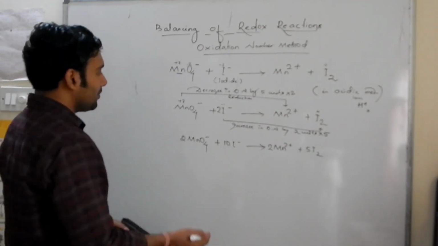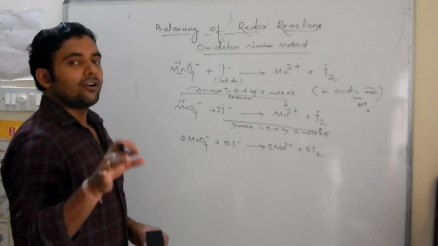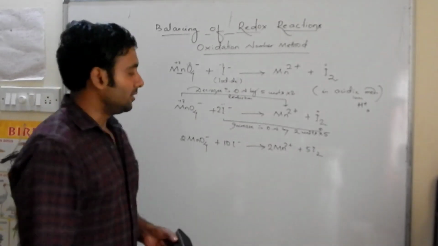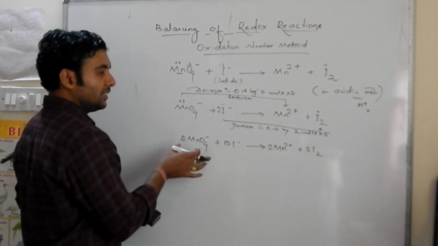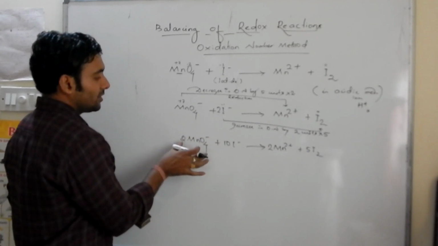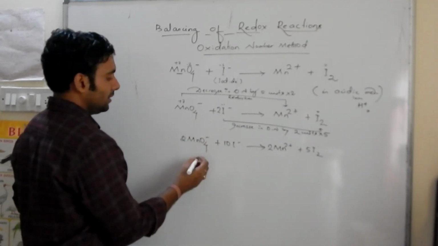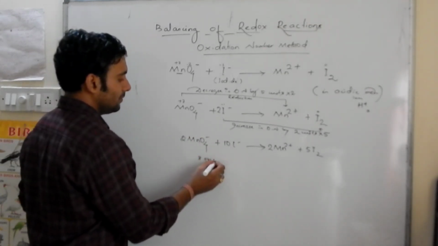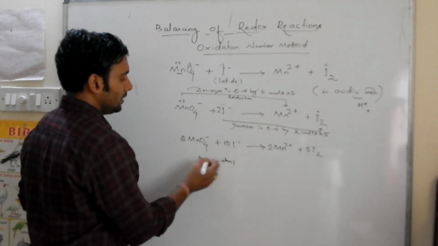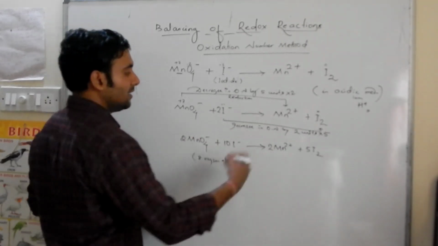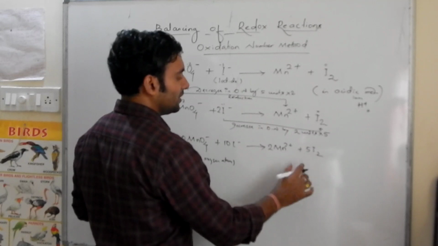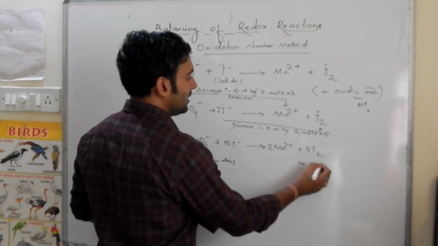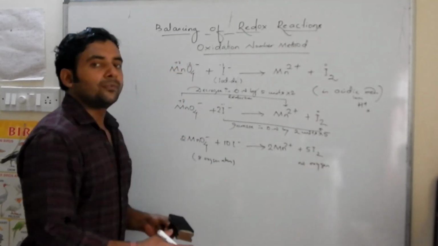Next, see whether the oxygen atoms are balanced or not. See the number of oxygen atoms on the left hand side: there are 8 oxygen atoms on the reactant side, and on the right hand side there is no oxygen. To balance the oxygen we have to take the help of water.